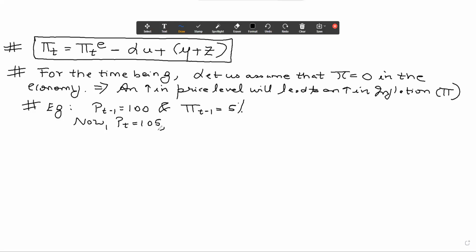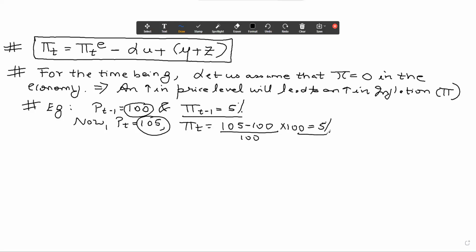No, because if you calculate inflation in period t, that will be 105 minus 100 upon 100 into 100, which is still 5%. So even though your price has gone up, your inflation is still the same, because inflation does not mean a one-time increase in price.